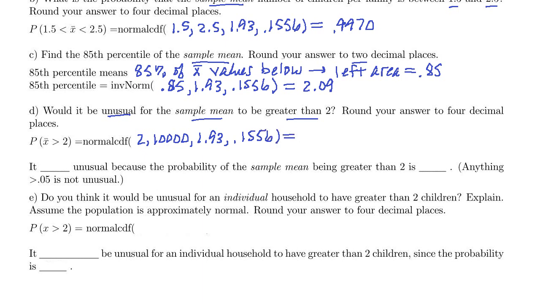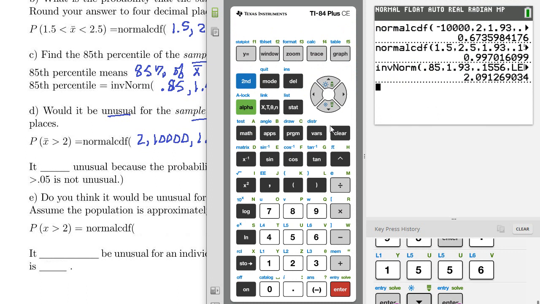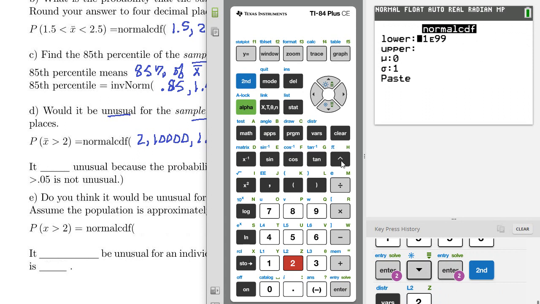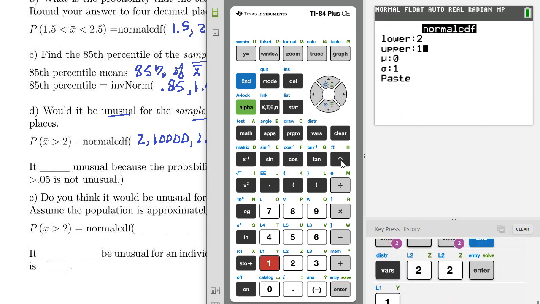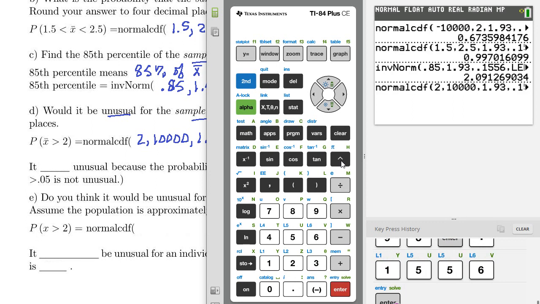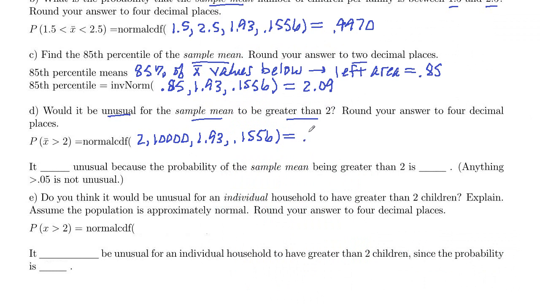And let's compute that. So second variables, we want normal CDF. So our lower is 2, our upper 10,000, our mean 1.93, and standard deviation 0.1556. Paste it and enter. 0.3264.